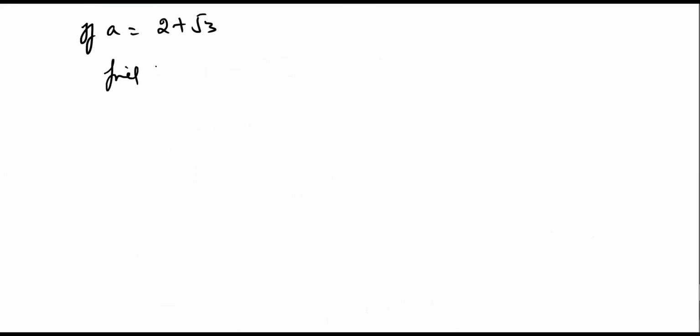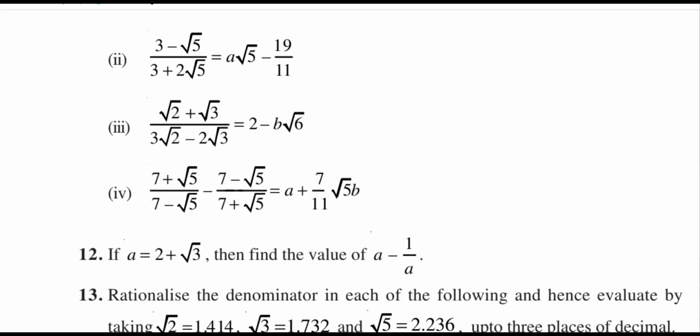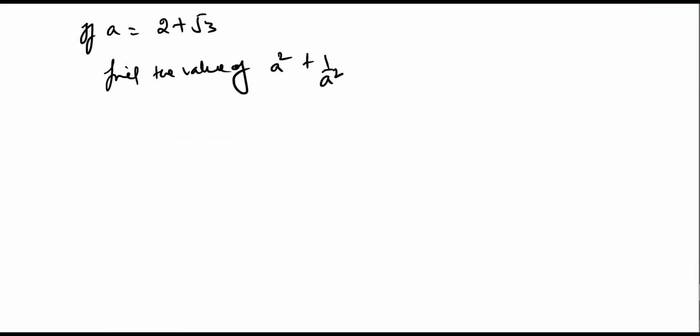Find the value of a square plus 1 by a square. Or only a plus 1 by a. Only a minus 1 by a. So how will you find out this value?